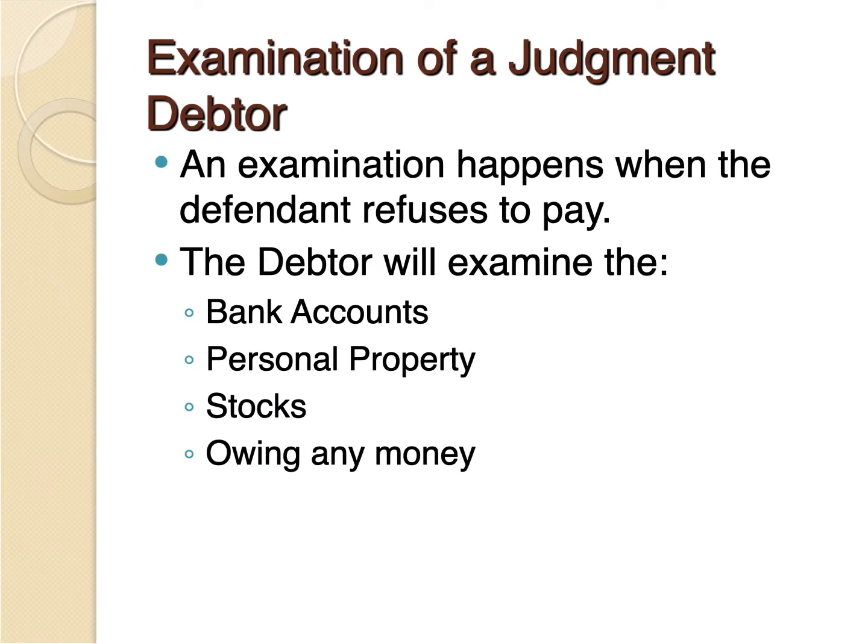An examination of a judgment debtor happens when the defendant refuses to pay, and then the court will essentially forcibly examine the defendant's entire financial status, all their stuff that is basically associated with the bank or the CRA, the Canada Revenue Agency, income tax, everything: bank accounts, personal property, stocks, owing money, property like houses or cars, boats, computers, everything.